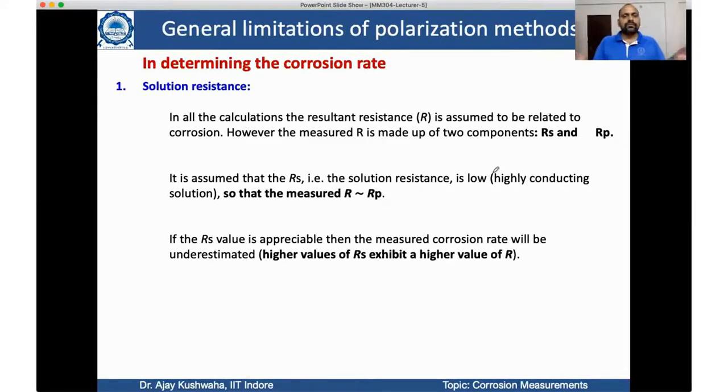So it is assumed that RS, the solution resistance, is low, meaning a highly conducting solution, so that the measured value is equivalent to the RP. Whenever we are doing an experiment, our electrolyte should be very conductive.